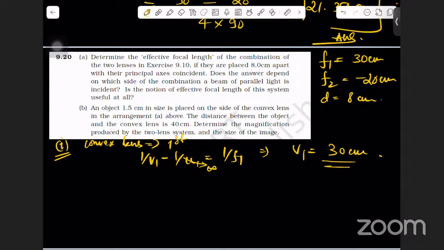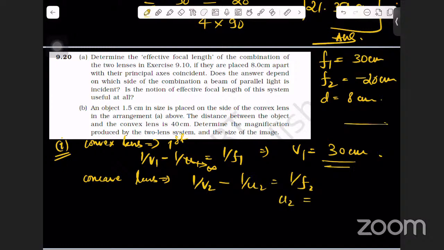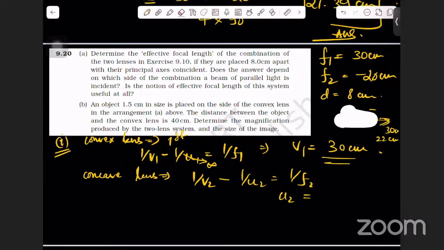For the concave lens, we write again 1 by V2 minus 1 by U2 is 1 upon F2. U2 would be 30 minus 8, so it would be 22 centimeters, plus sign because it's towards the right side.